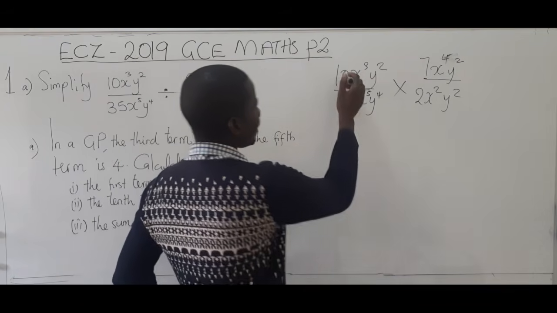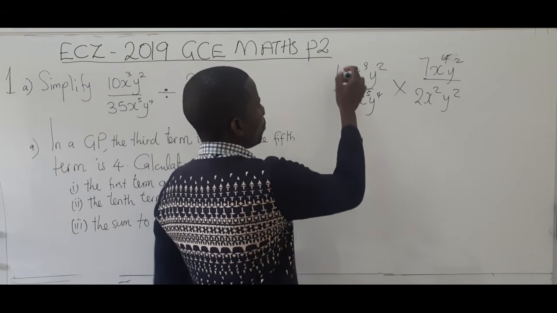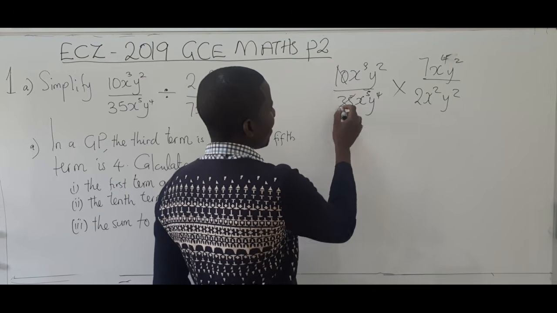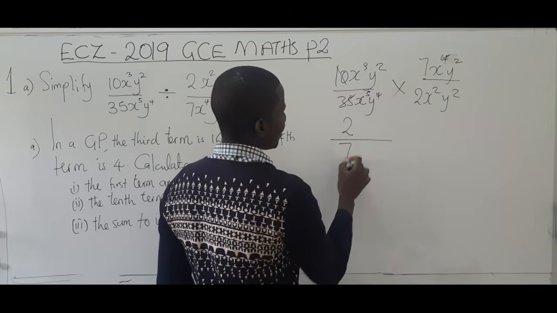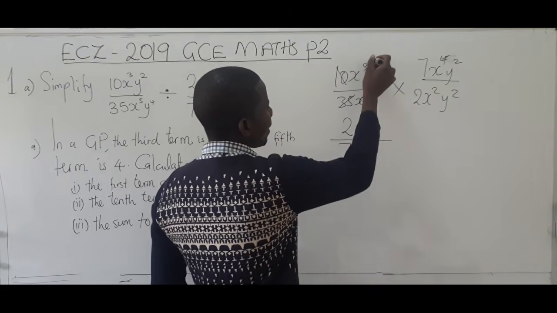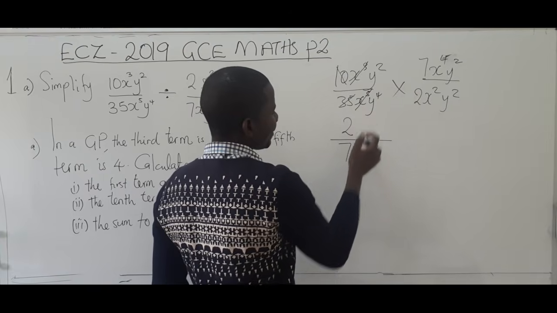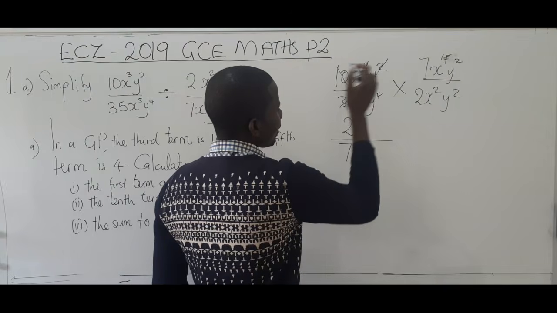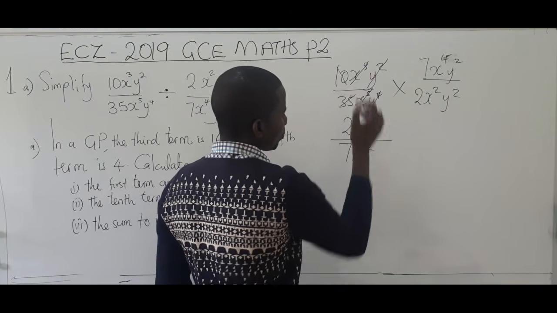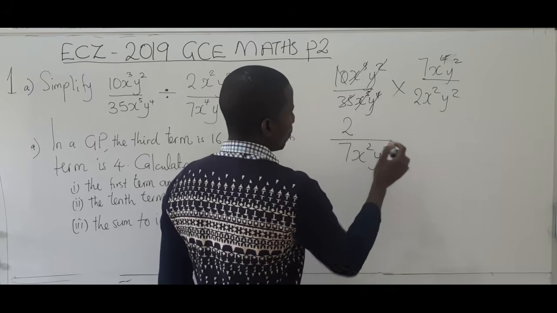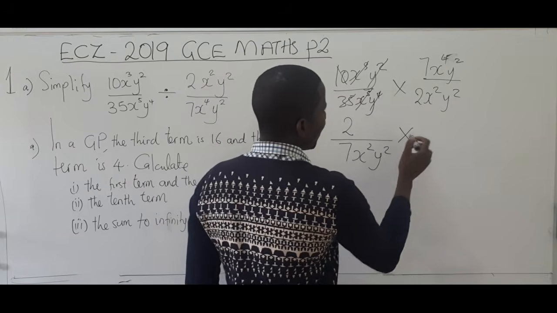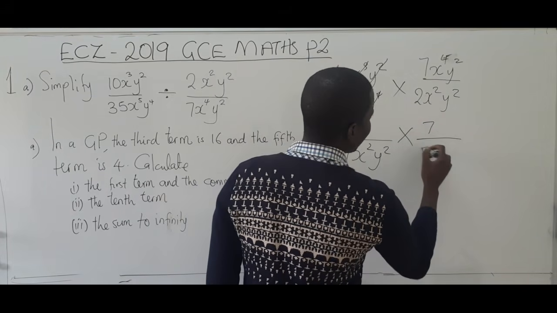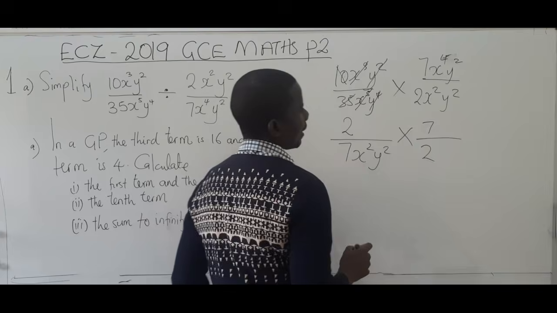When you look at 10 and 35, 5 can go here how many times? 2 times. 5 can go into this one how many times? 7 times. And here we have 3 x's, here we have 5 x's, so here you remain with the x squared. This y squared goes, here this one goes, what do we remain with? Y squared. Multiplied by 7 and 2 do not have a common factor.